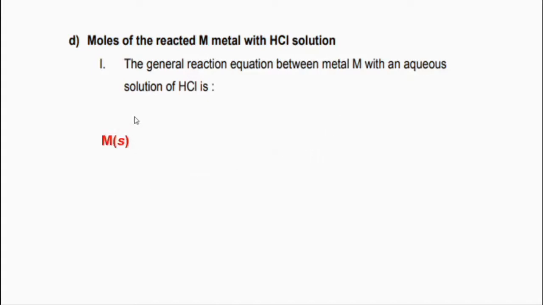So this is metal M solid reacted with 2 moles of hydrochloric acid, and we get 1 mole of MCl2 and 1 mole of hydrogen gas. This is the balanced equation for the reaction between M metal and aqueous hydrochloric acid.